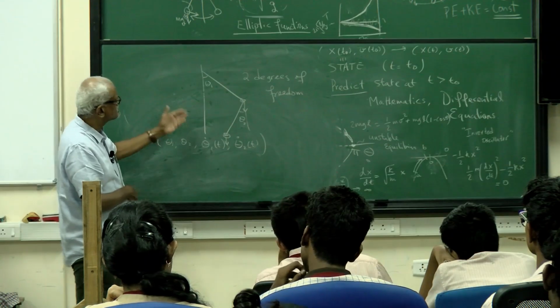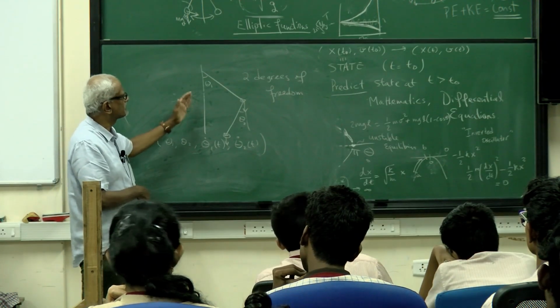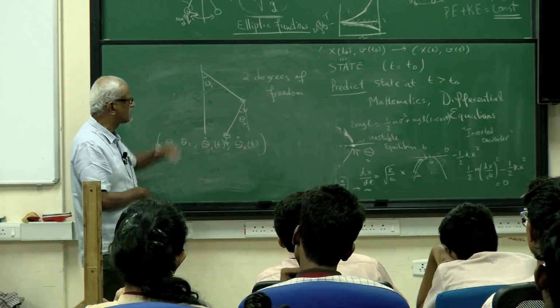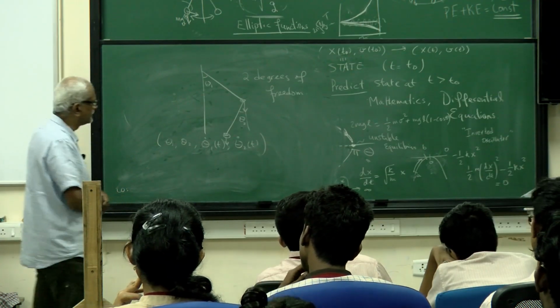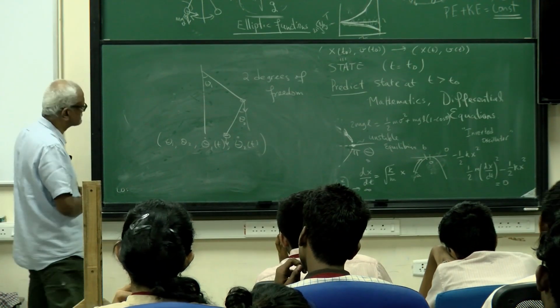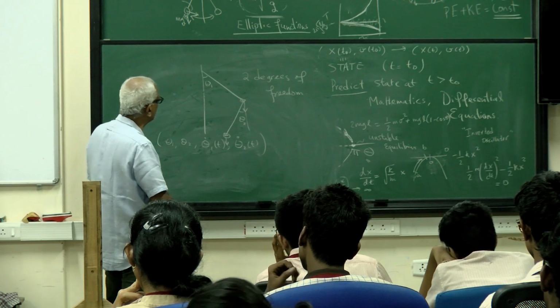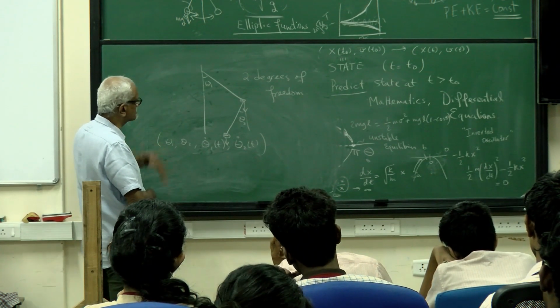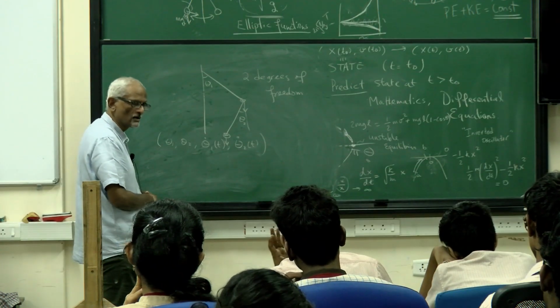Now, is this sufficient to make the motion look chaotic, or is this something which can become chaotic? Of course, now there are a lot of things, and you might have already come across this as an example of chaos. But what is chaos, and what are the conditions for chaos?